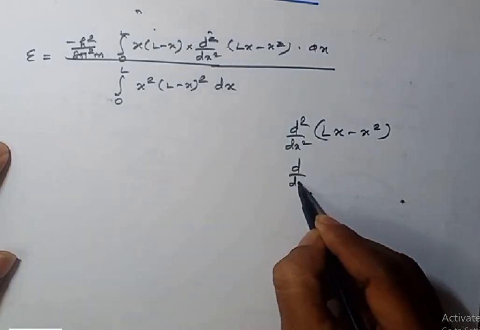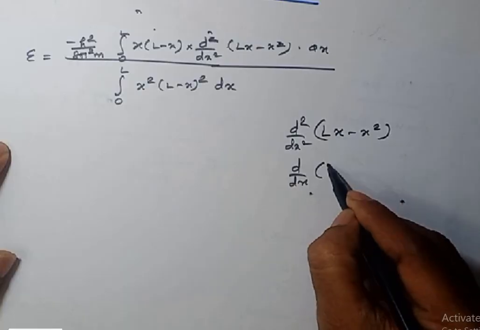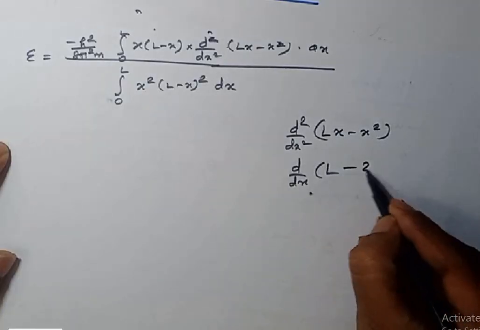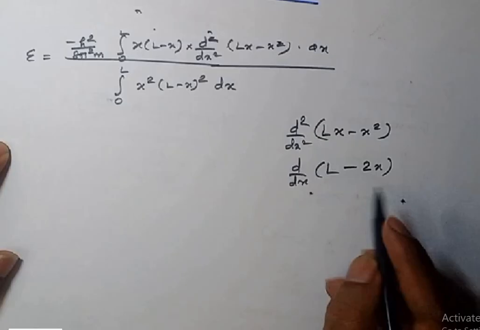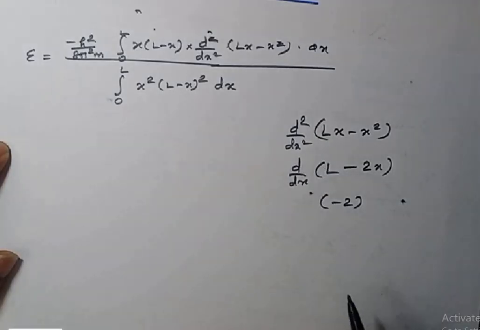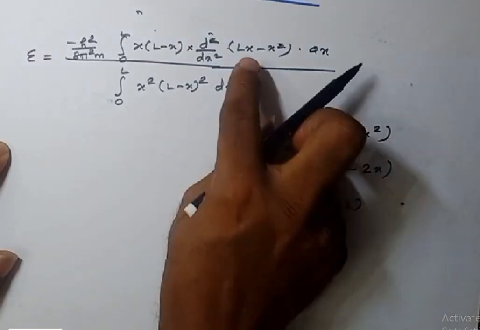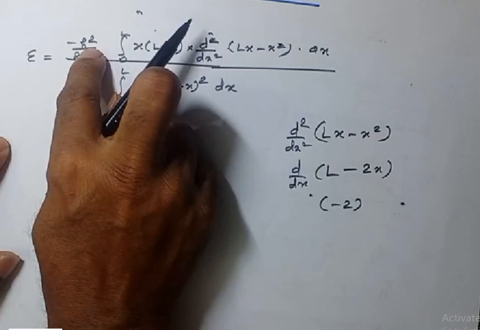So first we do differentiation one time. X, if you differentiate, you get 1, so L. X square on differentiation will be 2x. Differentiate this again: L is a constant, it becomes 0, so I will get minus 2. If you apply this operator on this function, you will get simply minus 2. Minus 2 is a constant, so you can take it out.